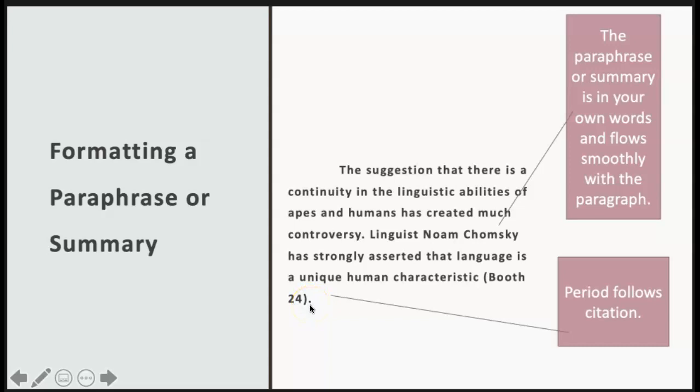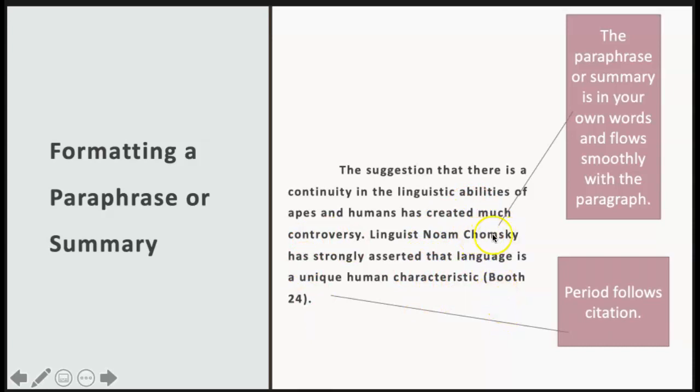Okay, now let's talk about something. Notice the person who gave us the information, the person whose idea this is, linguist Noam Chomsky, okay? But we have a different name in the parentheses. So let's talk about this situation that you might encounter.